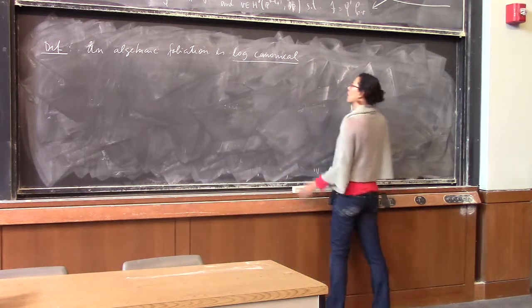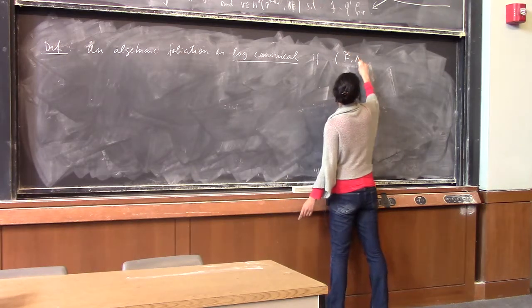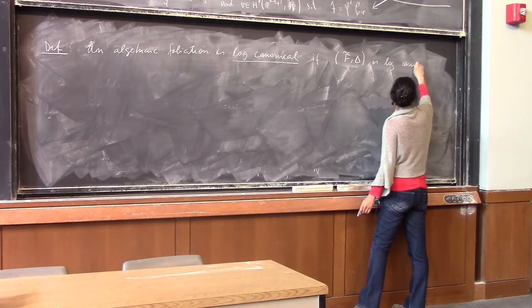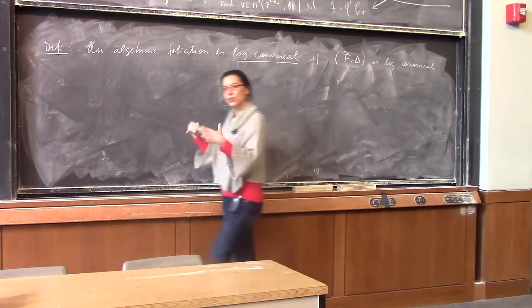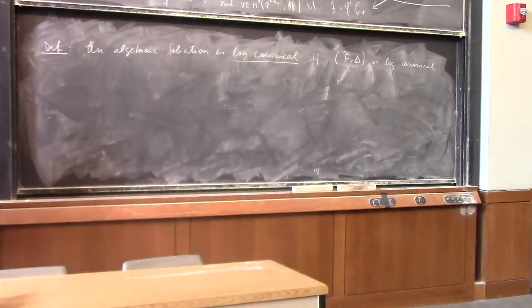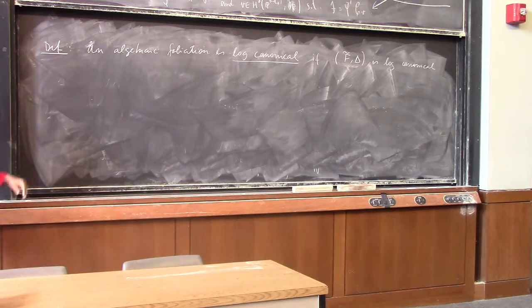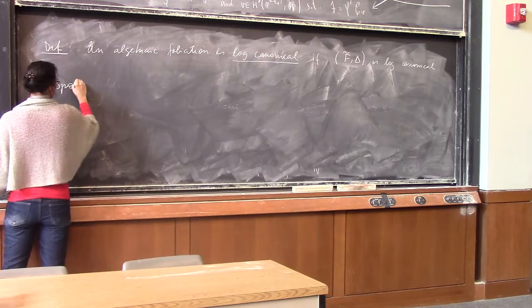So it's log canonical if the general log leaf, as I just defined, is log canonical. And this is actually what allows us to use all the techniques from the minimal model program applied to this pair to study foliations. So for instance, let me state a proposition.